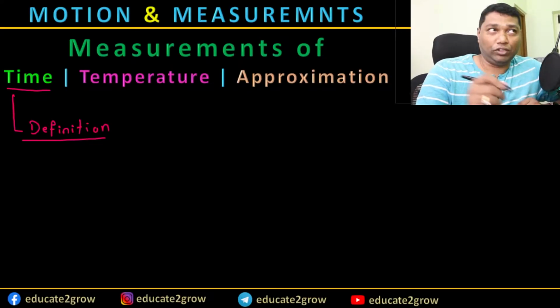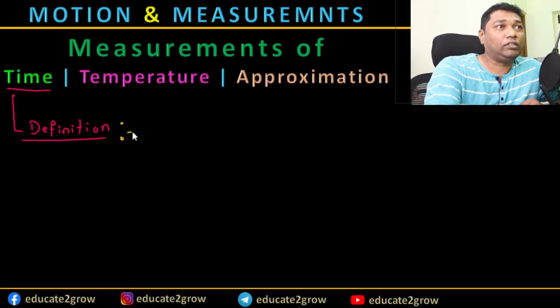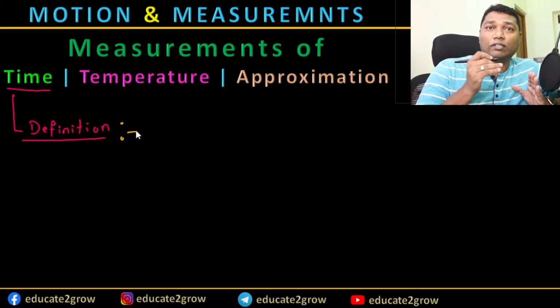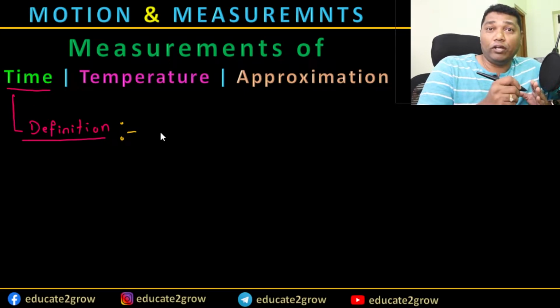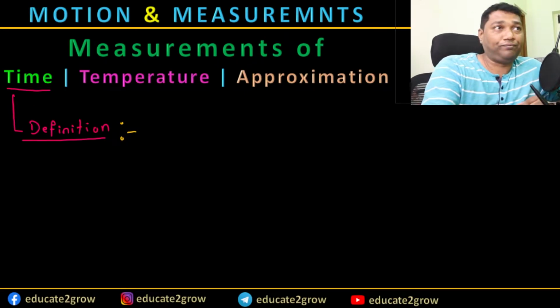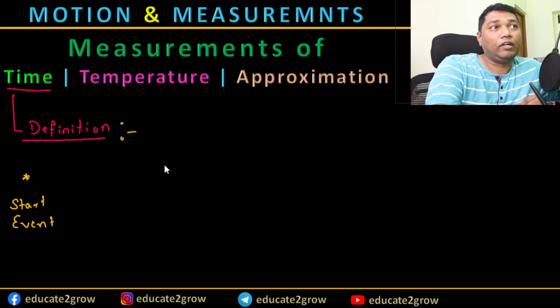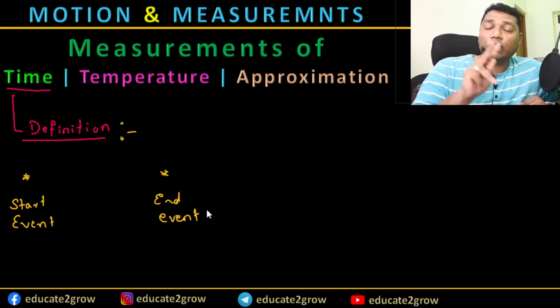First, the definition. Time is the measurement of the period between two events. One is a start event and another one is an end event. So there are two events.